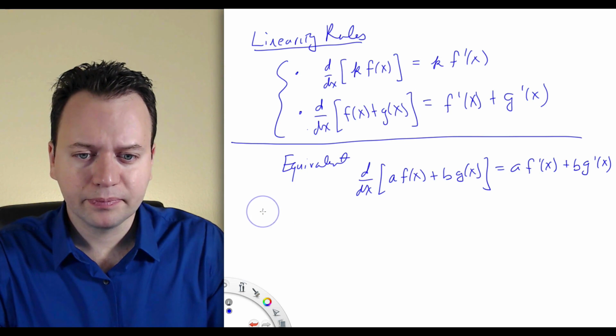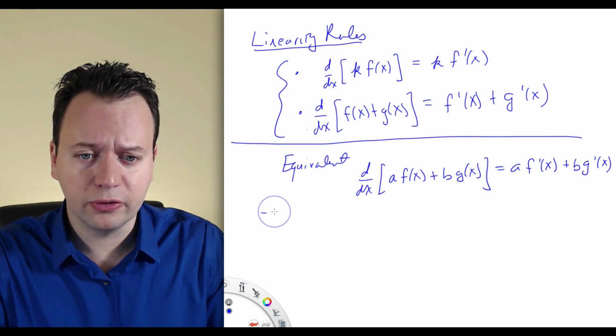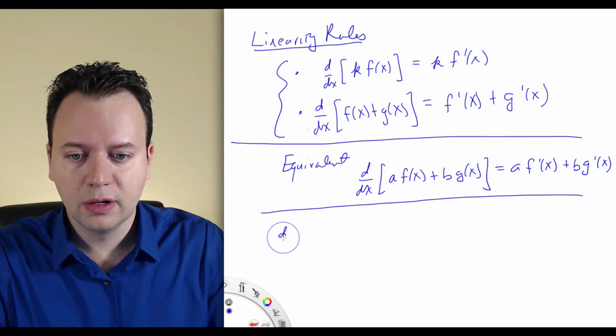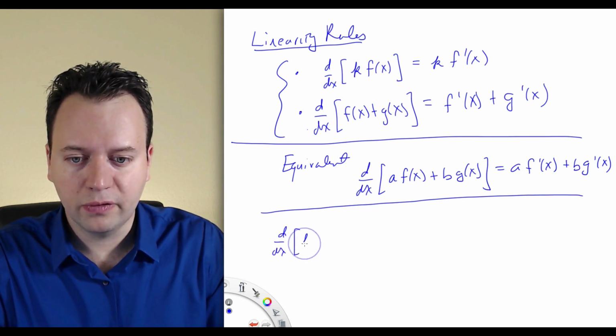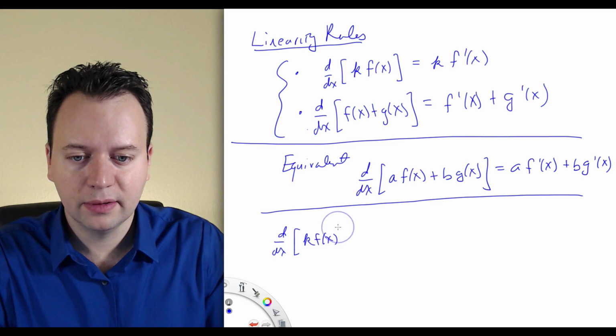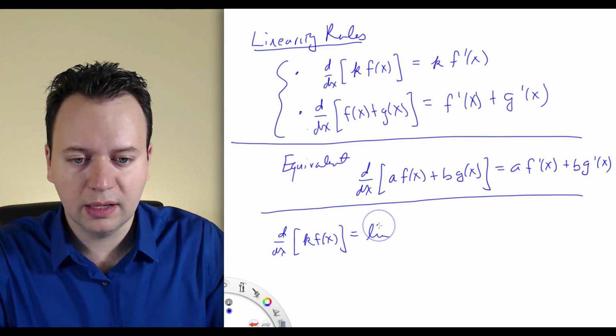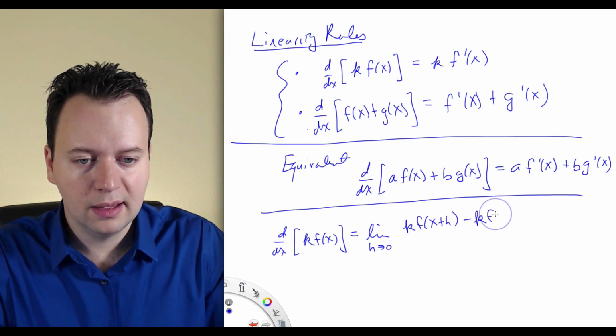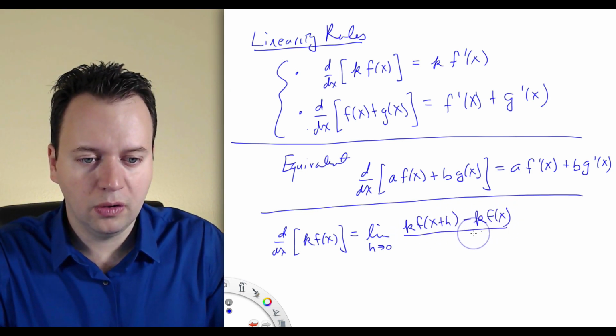To see why these rules are true, we just have to look at the limit definition of the derivative. So the derivative of k times f of x, by definition, is going to be the limit as h goes to 0 of k times f of x plus h minus k times f of x, over h.